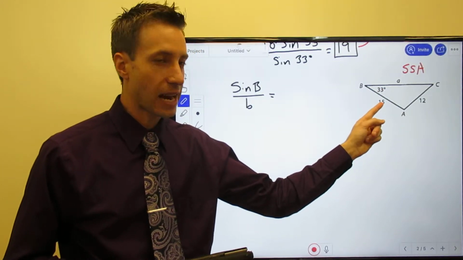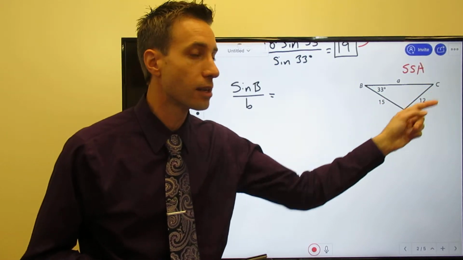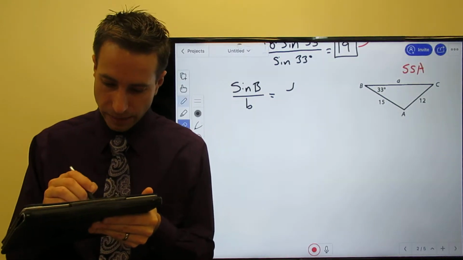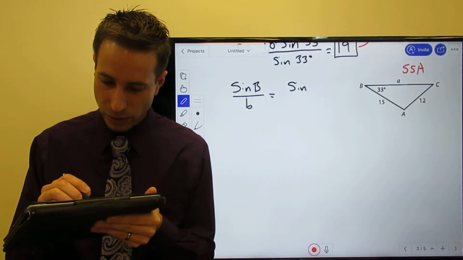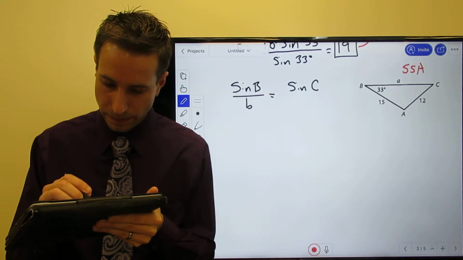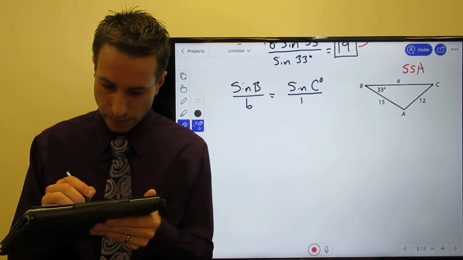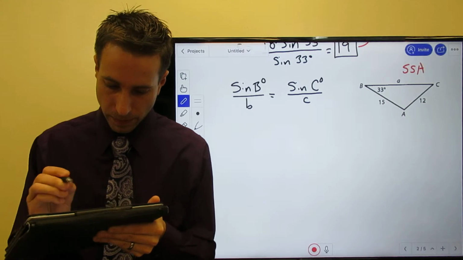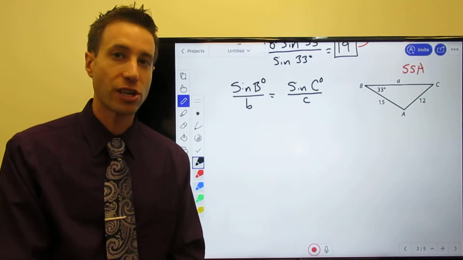I do know this side right here is 15, and it is across from angle C. So the sine of angle C, divided by 15. Okay, so now I've set up the law of sines using the information I've been given.